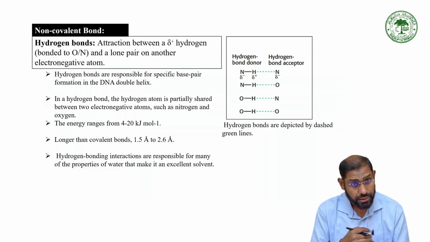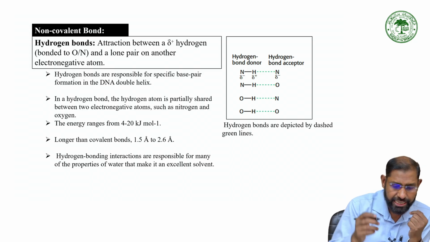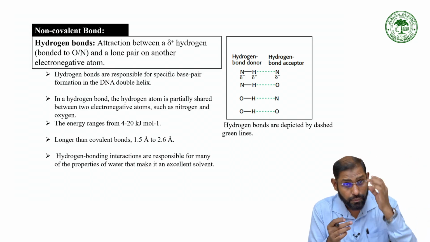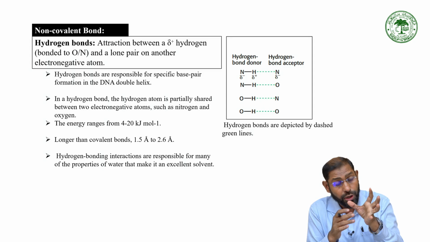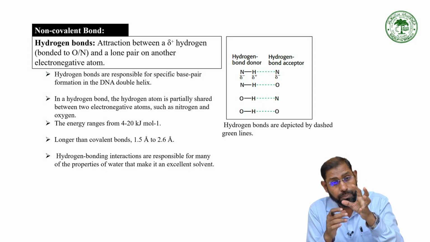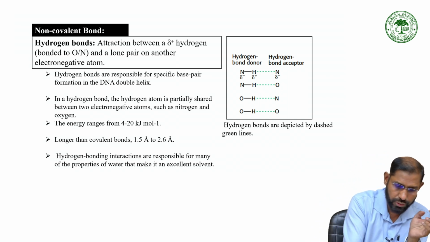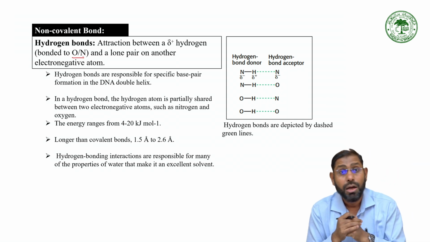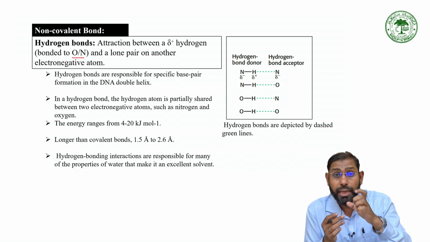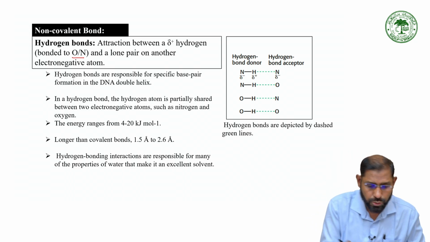Now the next non-covalent interaction is the hydrogen bond. It is the attraction of a partially positive hydrogen bonded to oxygen or nitrogen, and a lone pair on another electronegative atom.